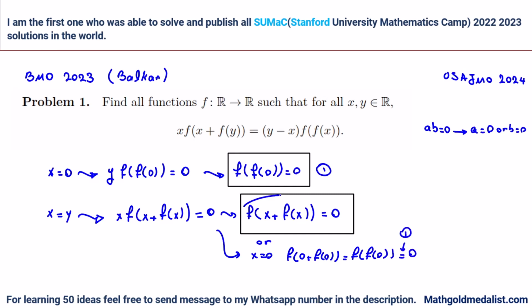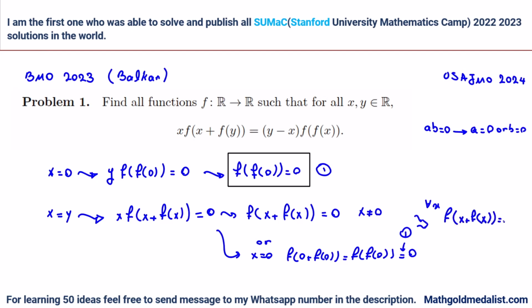So we can conclude that it is correct for all x, because here x is not 0, and you can conclude this for x equals 0 also, as you proved. So here you can conclude for all x, f of x plus f of x is 0, right? Yeah. But then for the first one, why is y not equal to 0?